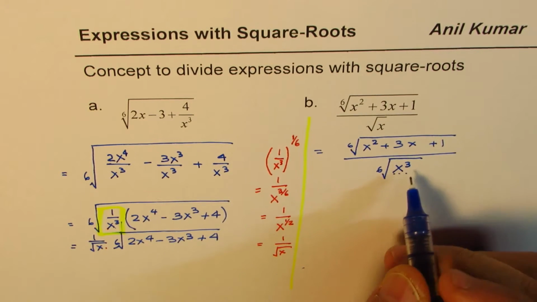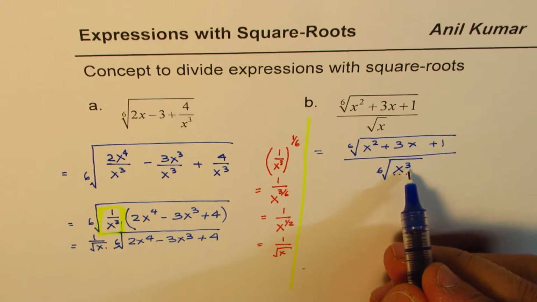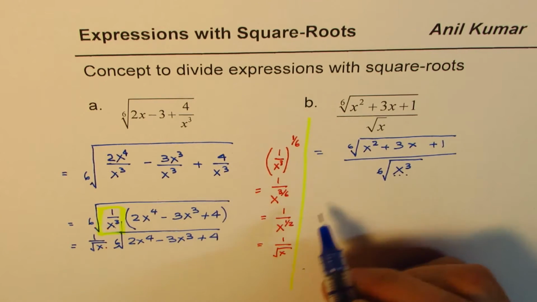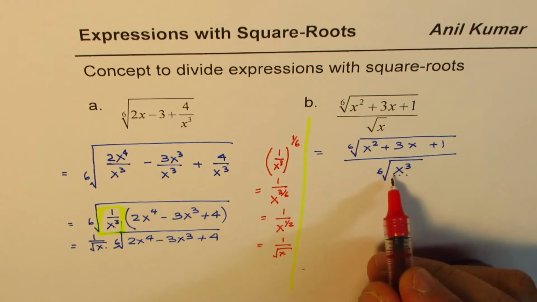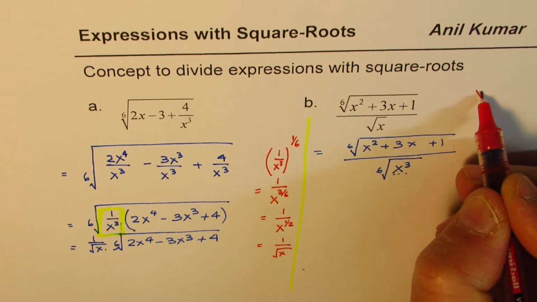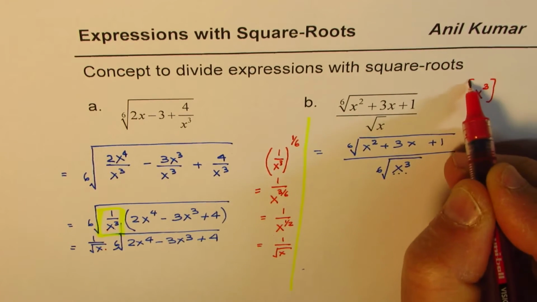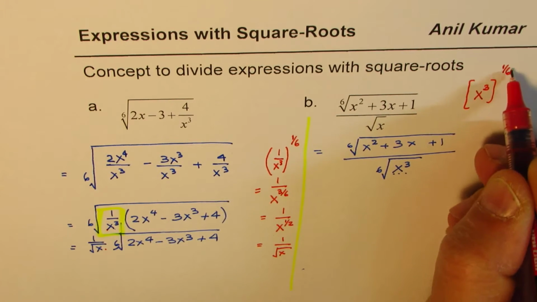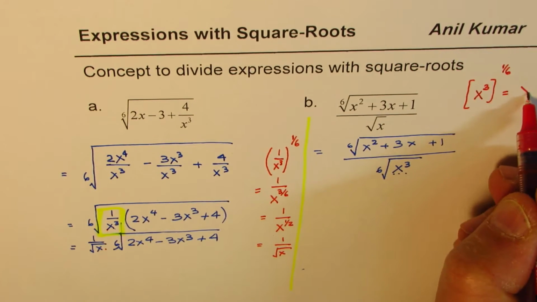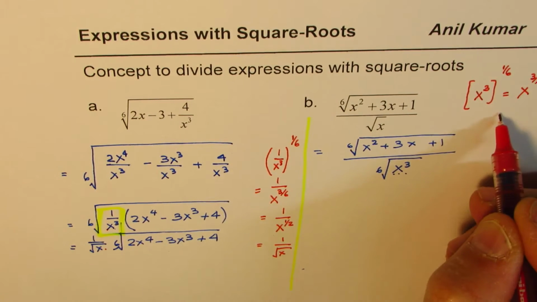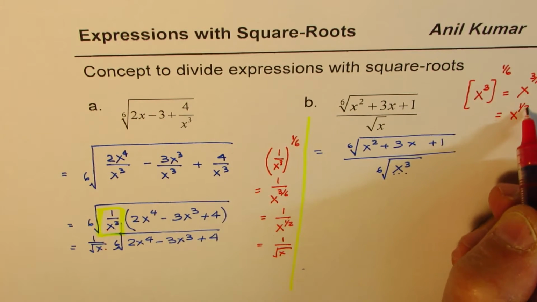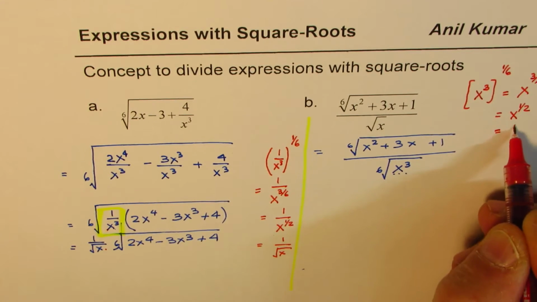Do you see that? Sixth root of x cubed is square root of x. This is what we learned here. Okay, let's do it once again. So what we have here is x cubed to the power of 1 over 6, which could be written as x to the power of 3 over 6, which could be written as x to the power of half, or square root of x.